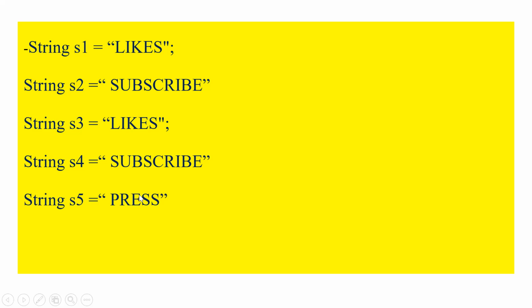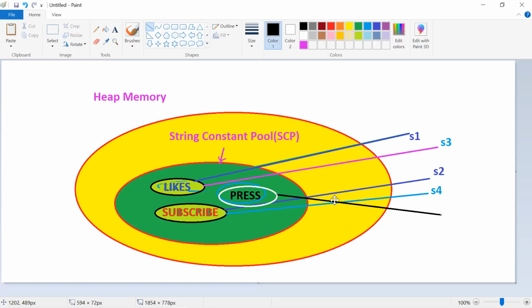As "press" was not present in the string constant pool, we created a new object called "press" and passed the reference s5.